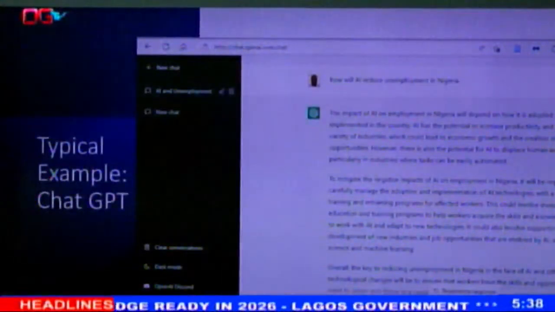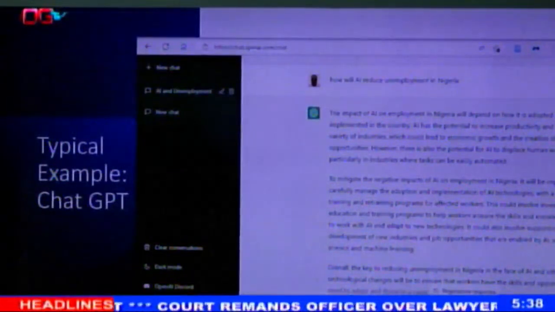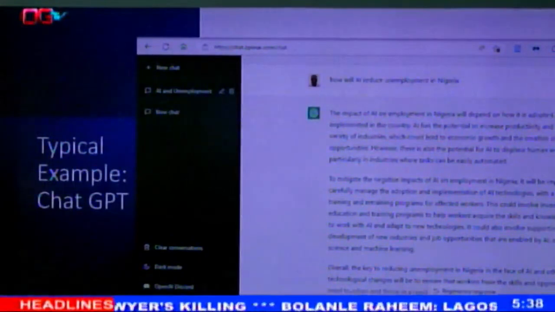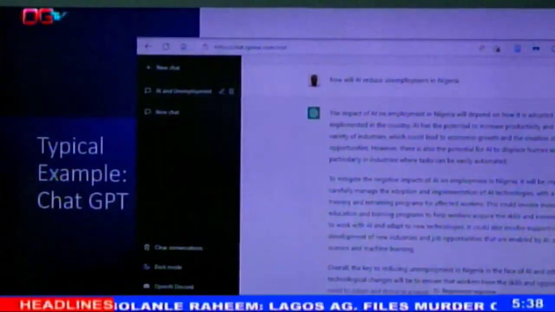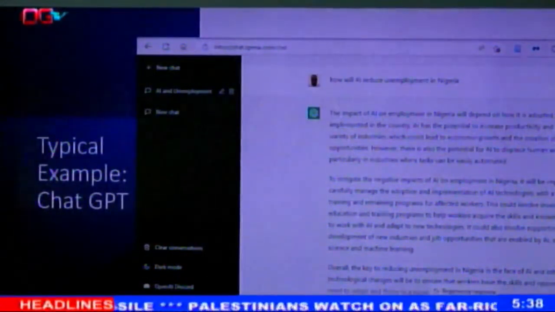So let me give a typical example. Just this afternoon, a few minutes before I left my house, I went on ChatGPT, a chatbot that was trained using supervised learning and what we also call reinforcement learning, which are aspects of artificial intelligence, with close to 1 terabyte of data obtained from textbooks, web text, Wikipedia, and so on.